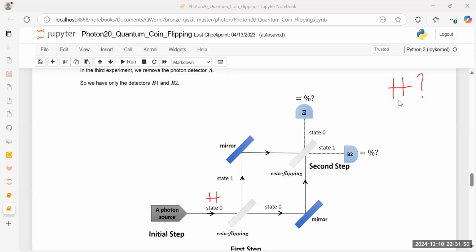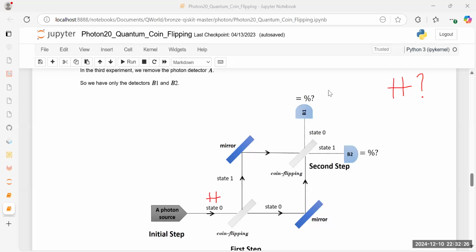So from my earlier question, what's the probability that we end up with head after 2 coin tosses? Okay, I'm seeing 50%, 50%, 75%, 50%.